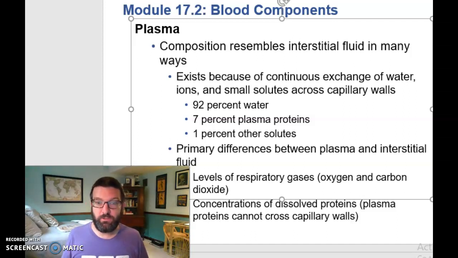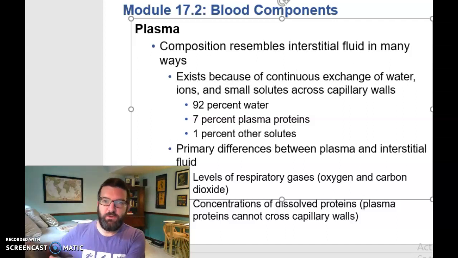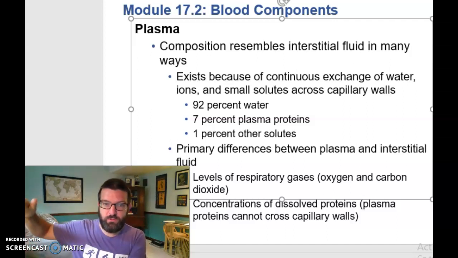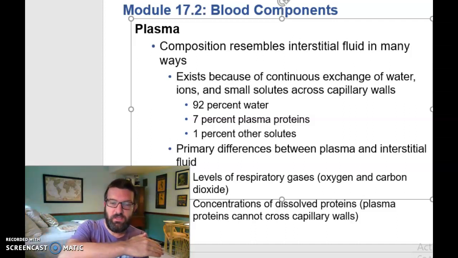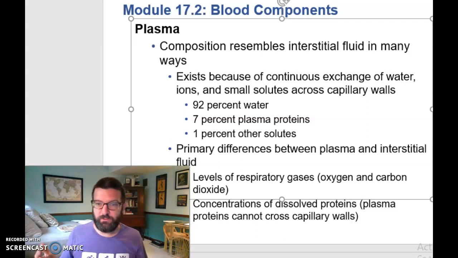The primary differences are going to be the levels of your respiratory gases. Your blood is going to tend to have more oxygen, right? Which is going to diffuse into your interstitial fluid. Your interstitial fluid is going to have more CO2 because that's being produced at your tissues, and that's going to diffuse back into the blood. So that's one of the major differences.